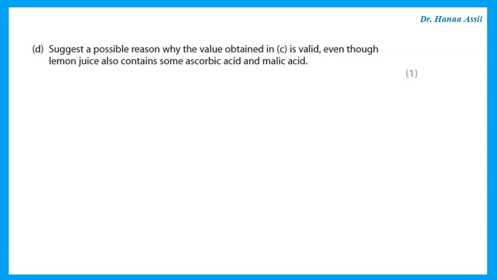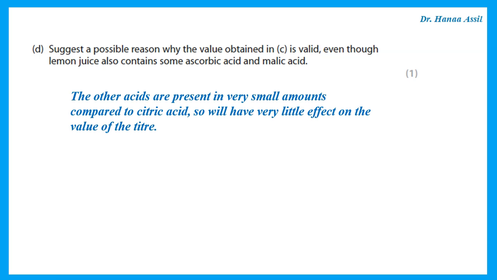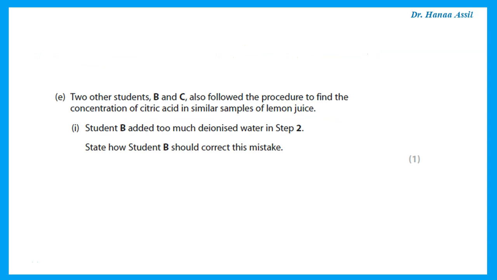What's the reason for that? The other acids are probably present in very small amounts compared to the citric acid, so they will have very little effect on the value of the titer. So the titer that we have is regarded as the one that reacted with the citric acid and we don't need to take the others into consideration.